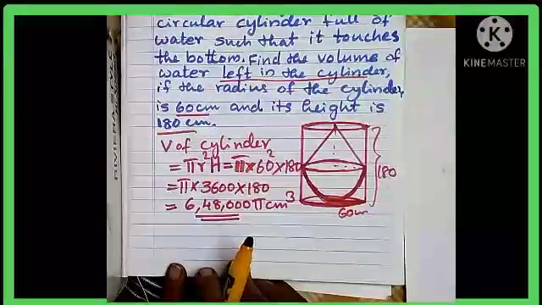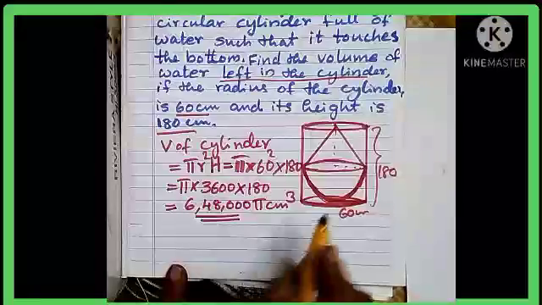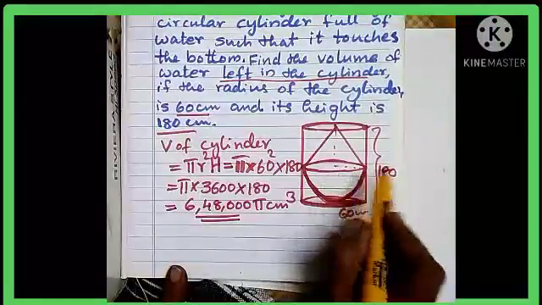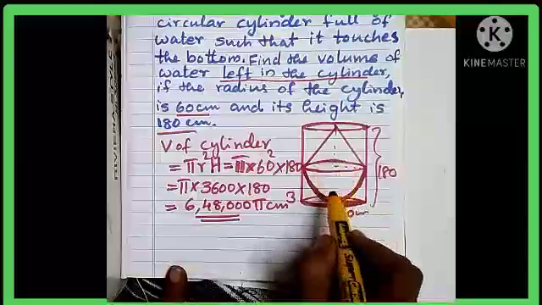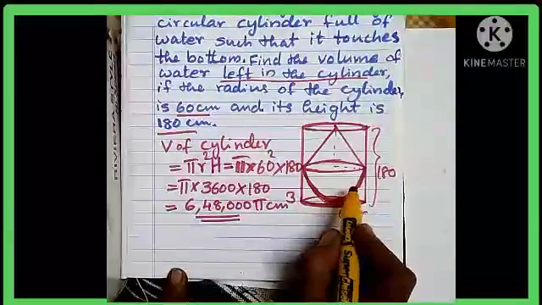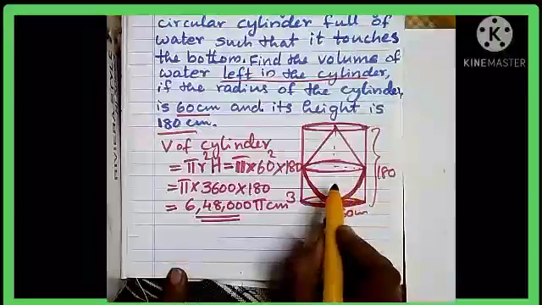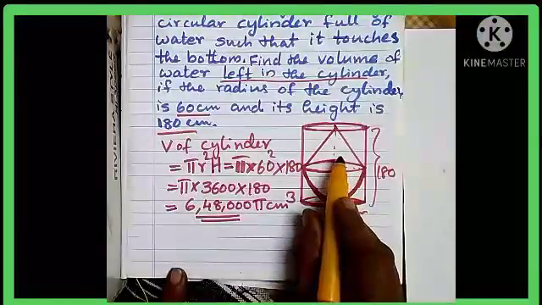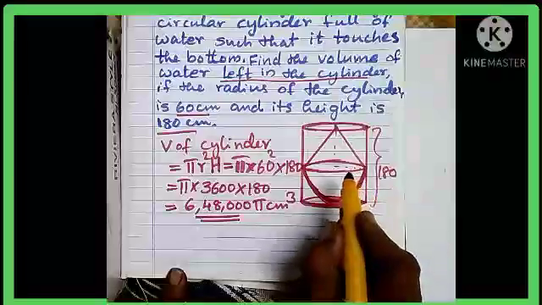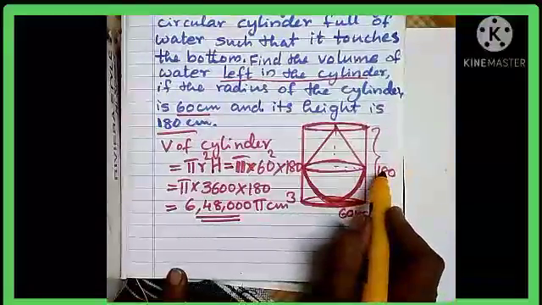Now we are placing the combination of a hemisphere and a cone inside that cylinder. So we need to find the volume of hemisphere plus volume of cone. That much volume of water will be flowing out.